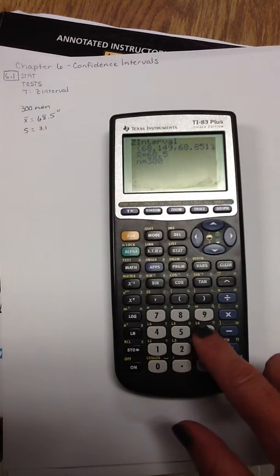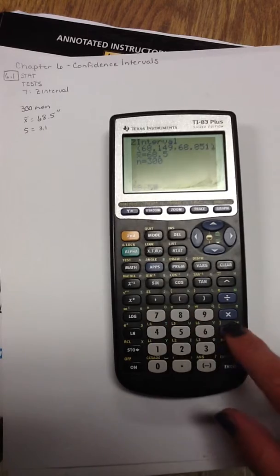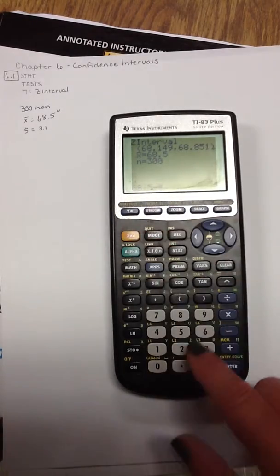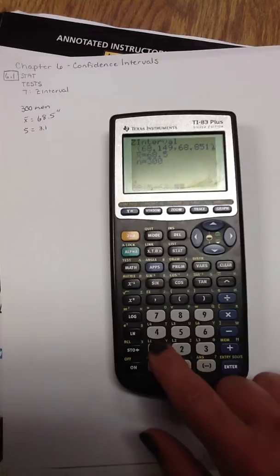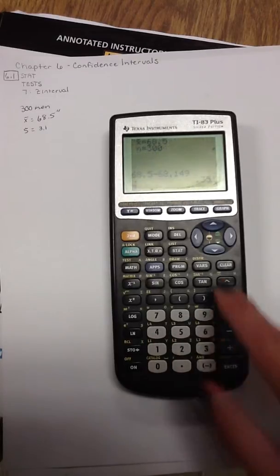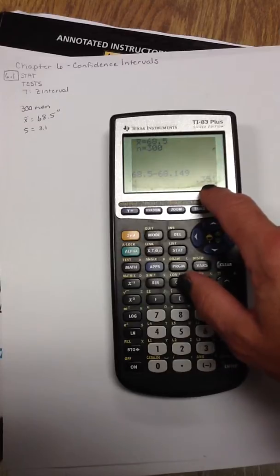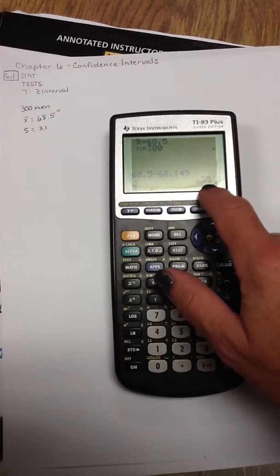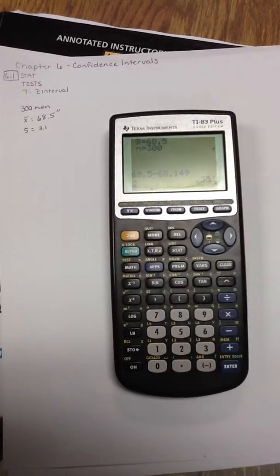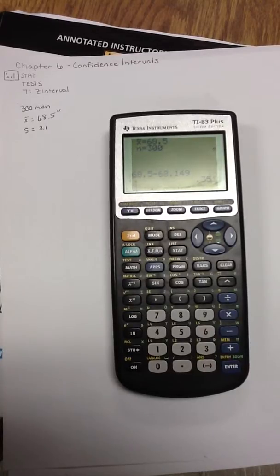So I can just type in 68.5 minus, and I'm going to put the lower end in, 68.149, and our error for this problem would be 0.351.